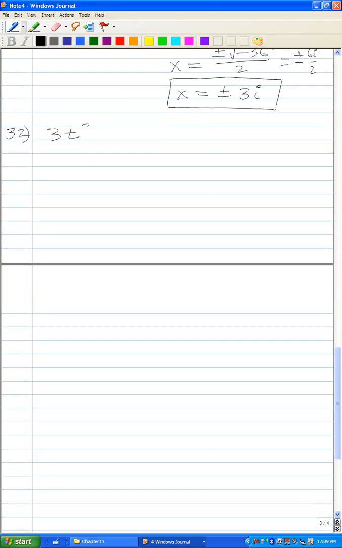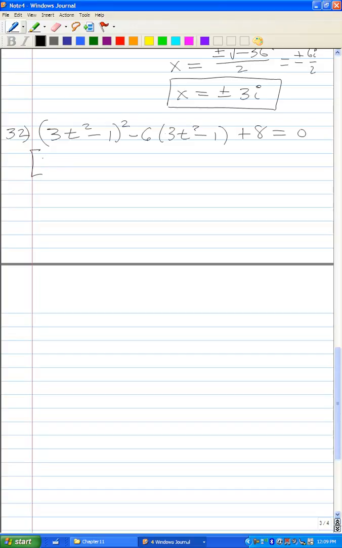(3t² − 1)² − 6(3t² − 1) + 8 = 0. And so, again, this is quadratic in form. It's quadratic in the variable 3t² − 1.